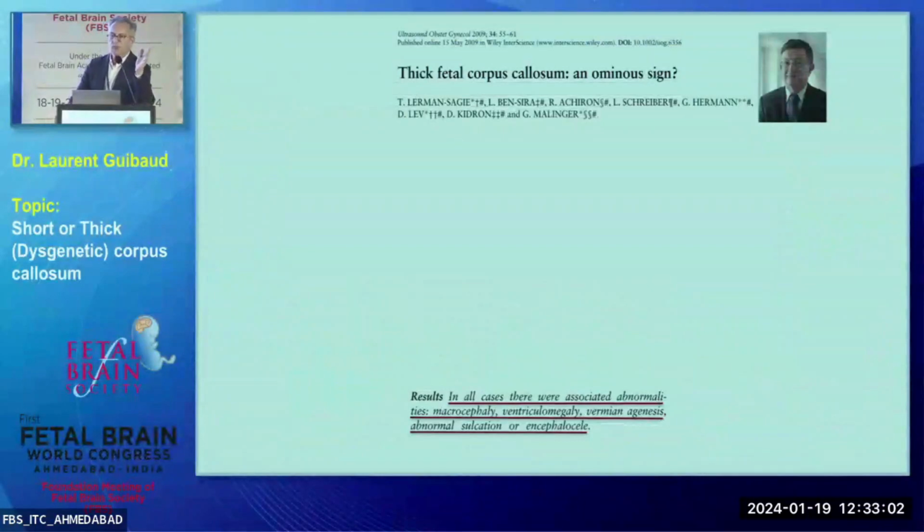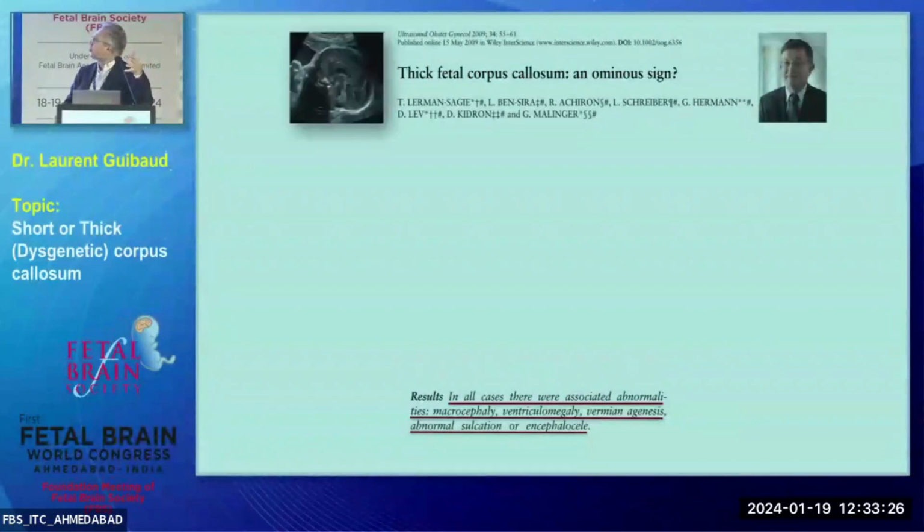And Gustavo also published a paper on thick corpus callosum, and this is something which should be of concern. In fact, it should be of concern when it's associated with other anomalies, especially macrocephaly, ventriculomegaly, posterior fossa anomalies, or abnormal sulcation. And this is a case that I show you.